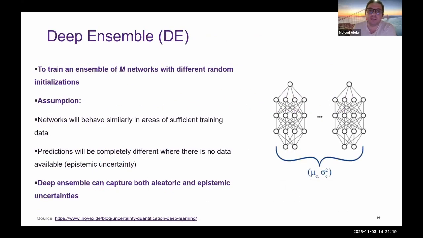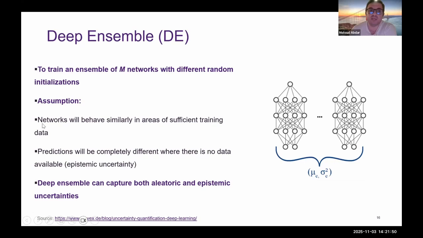And the other well-known method, I think, Shoaib, you are familiar with, is deep ensembles. Most of us have used ensembles. In deep ensembles, we train an ensemble of M networks, different networks with different random initialization. And then we have a mean and variance or standard deviation of the predictions of those M networks.